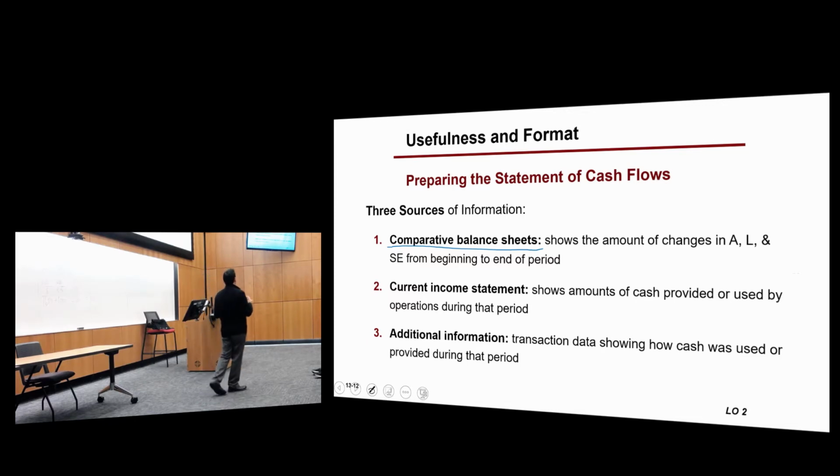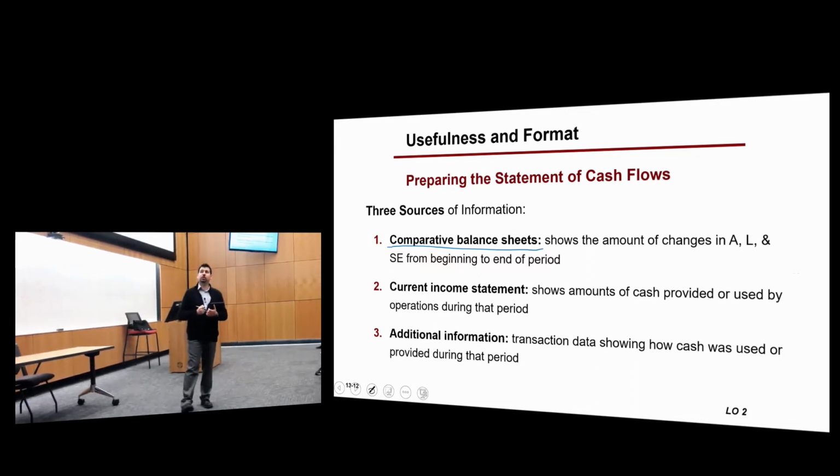This will give you an idea of what changes happened. If you had a change in common stock, what does it mean? That the company issued common stock, for example, or bought treasury stock. So it depends on the change. Those comparative balance sheets will give you an idea of the changes in those accounts. This is the first source of information.